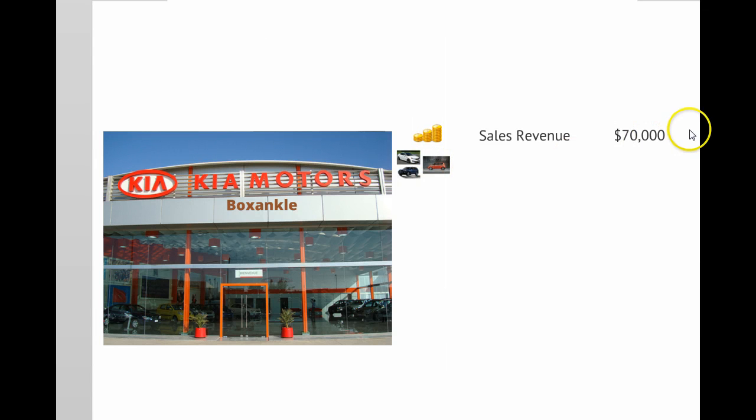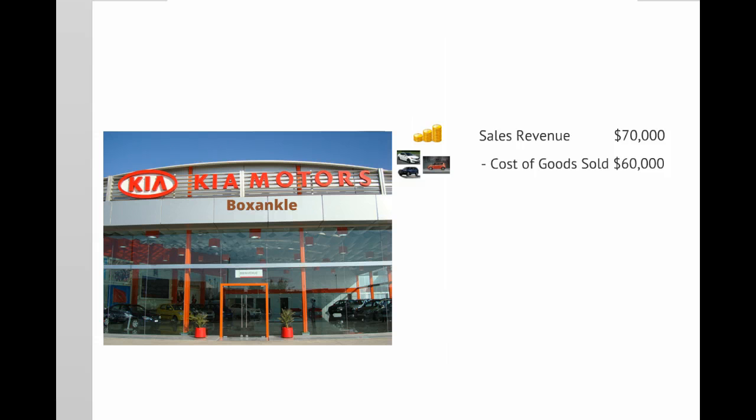So they bought the three cars, and Boxankle Kia had to actually buy the three cars from Kia of America. So think of the cars being delivered to Boxankle Kia, and think about how much Boxankle Kia paid for the three cars when they went into the showroom. We said that was cost of goods sold, and we said that was $60,000.